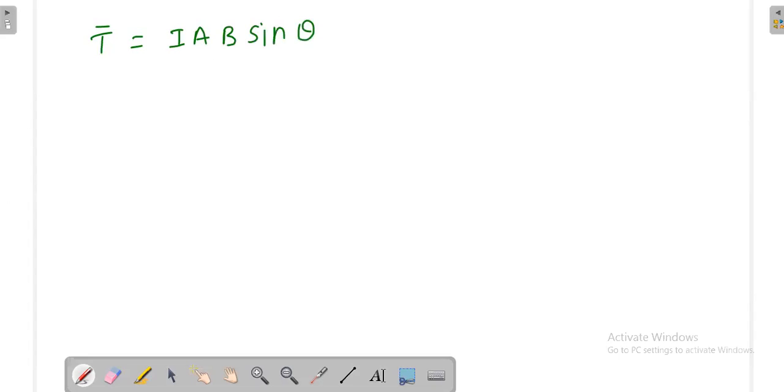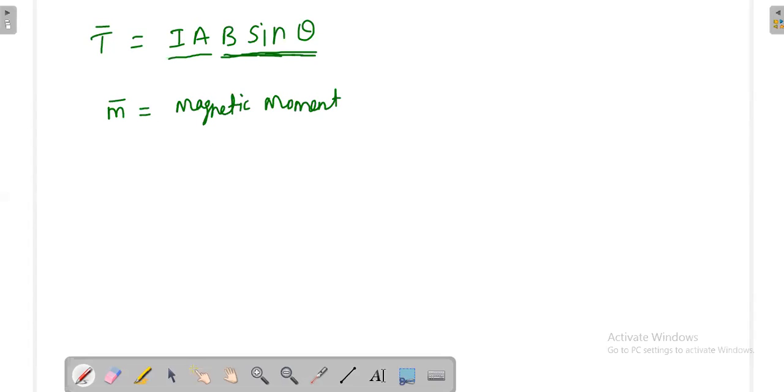This B tells the direction of the magnetic field, and this I into A, the product of I into A, is called the magnetic moment.